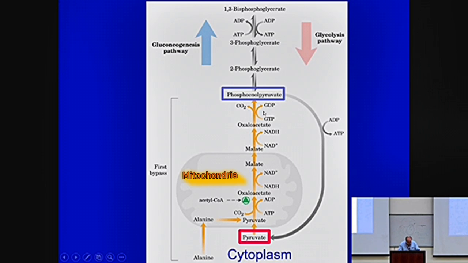Here's the second enzyme. This is PEP carboxykinase, and this is pyruvate carboxylase. This one is allosterically regulated, activated by acetyl-CoA. So know the location, know what they're producing. If you produce PEP here from PEP carboxykinase, now you can go backwards in glycolysis, in gluconeogenesis, because all of these are reversible.